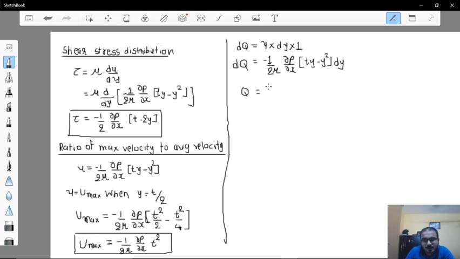Q is equal to integration 0 to t, let me take the constant terms directly outside.